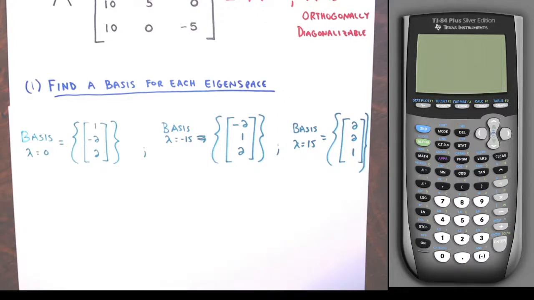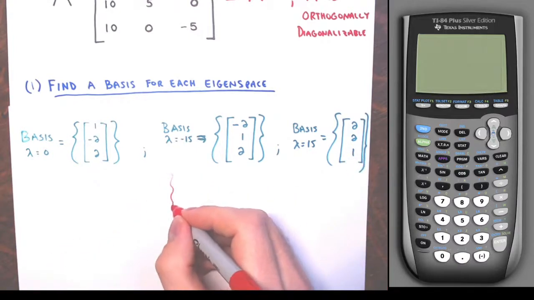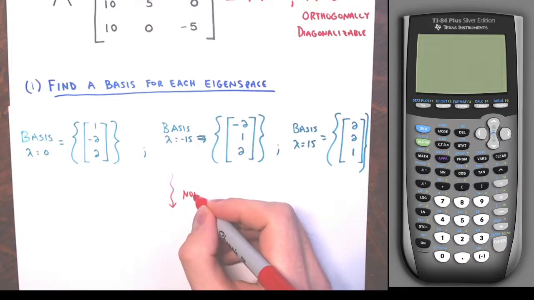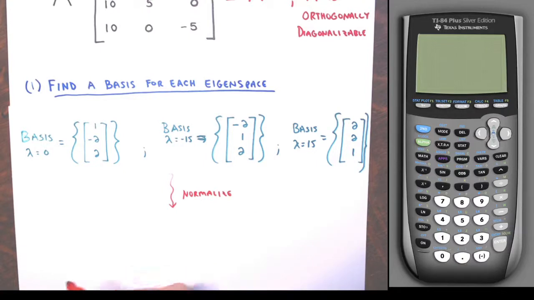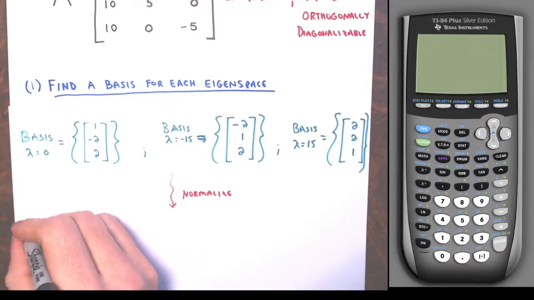So just like last example, since there's only a single vector, I only need to normalize each vector to get orthonormal bases.